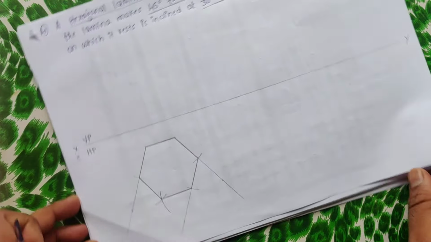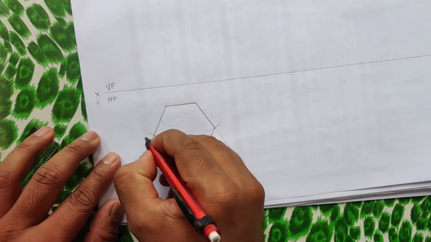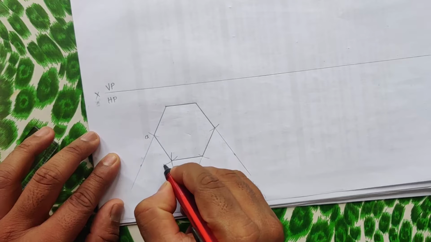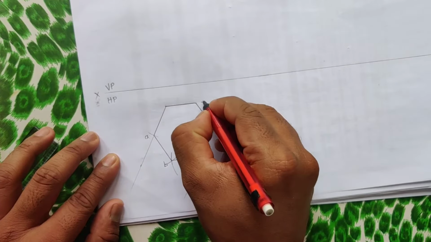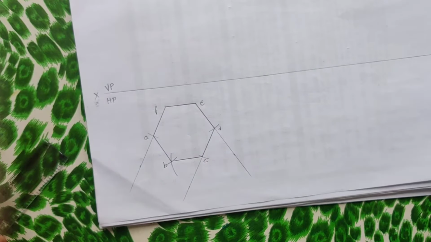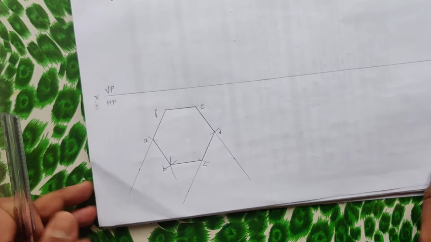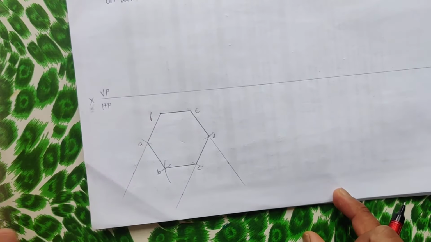Yes, so we got the hexagon like this. Now let me name it. This should be our A, B, C, D, E and F, right? So this is the first position of corner resting. So the corner is towards our left.